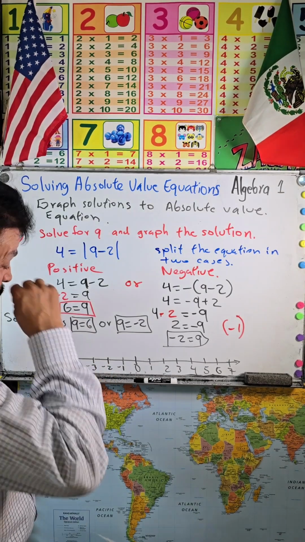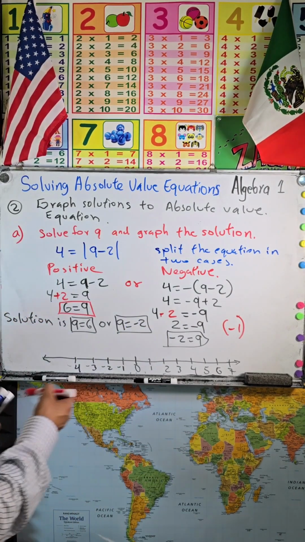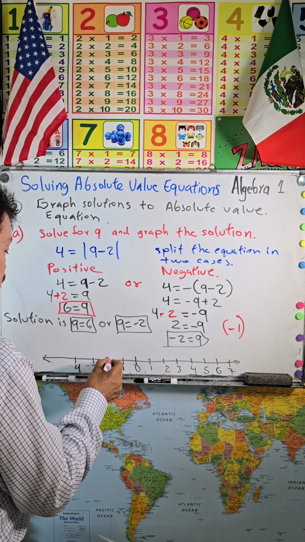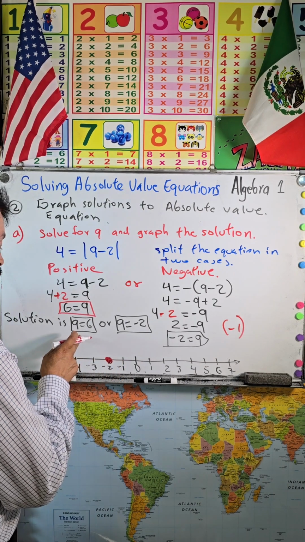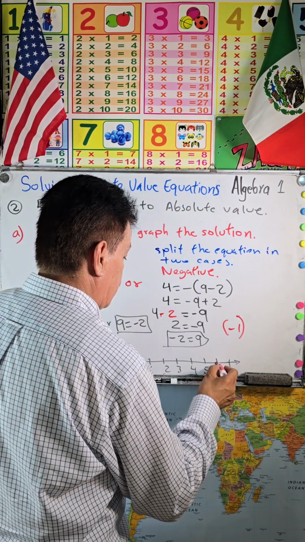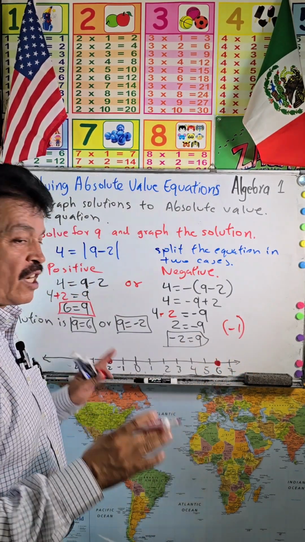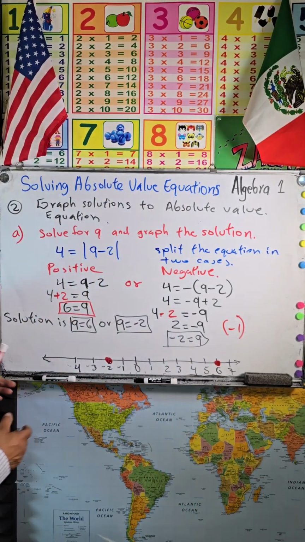All right, so graph the solution. We have q equals negative 2 right here, and then q equals 6. For now, just graph. This is the solution and the graph.